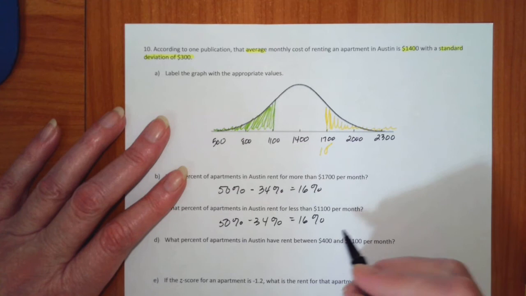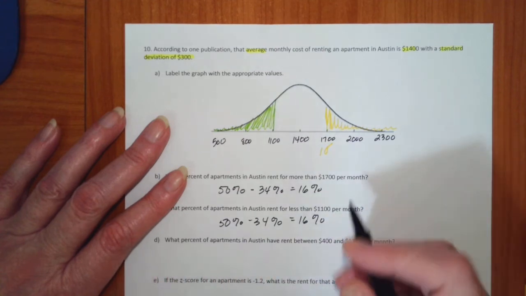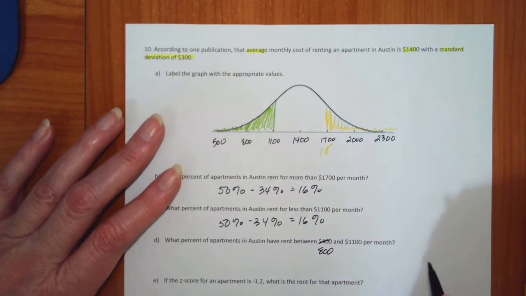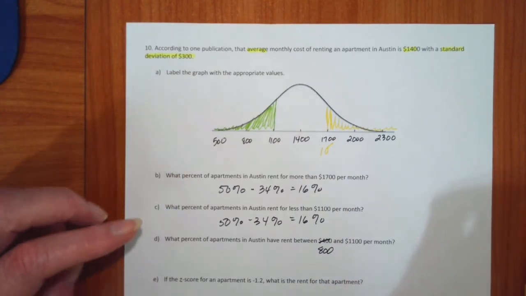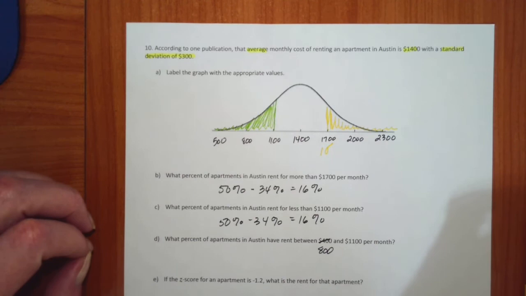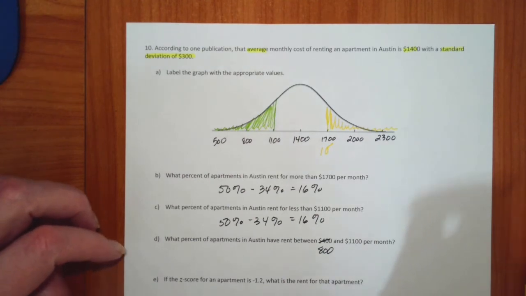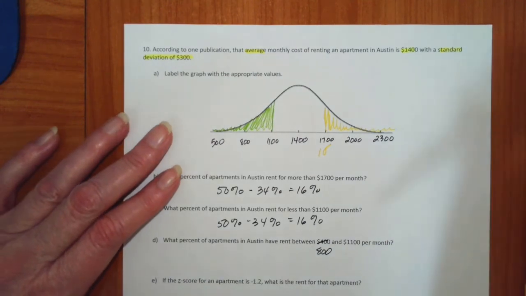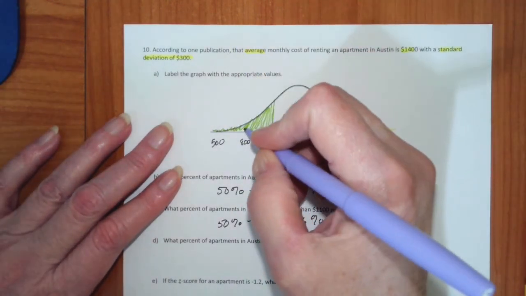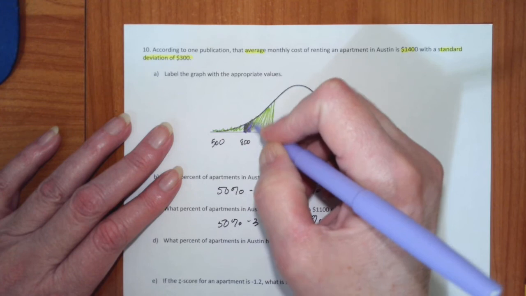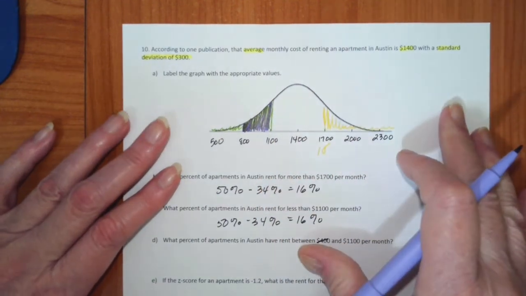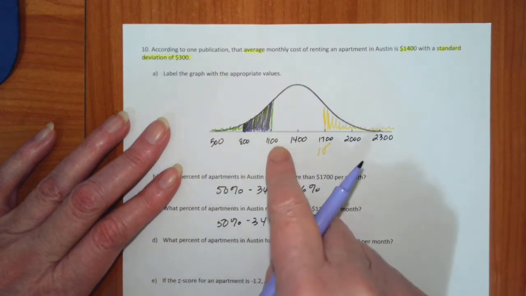Now again, I'm going to change this. What percent of apartments have a rent between, let's make that $800 and $1,100 to fit the graph better. All right, so what I'm looking for is all of this here, between 800 and 1,100.